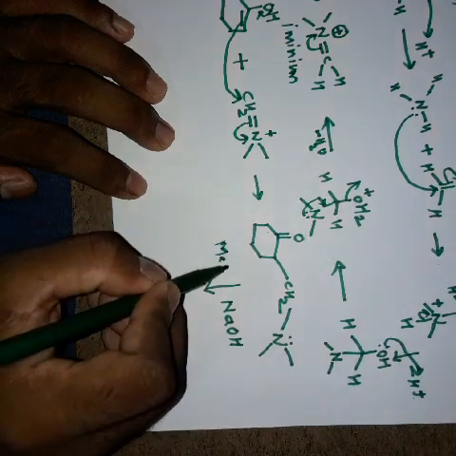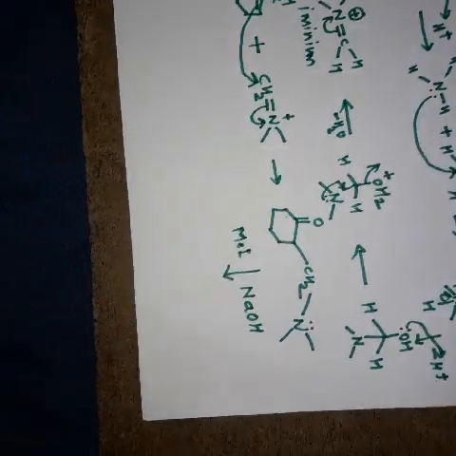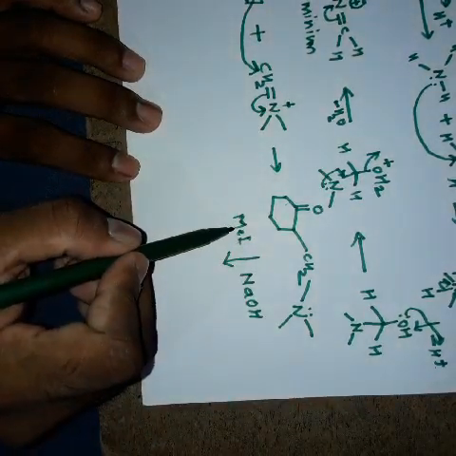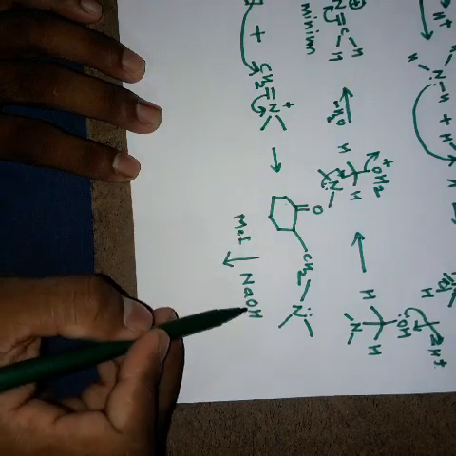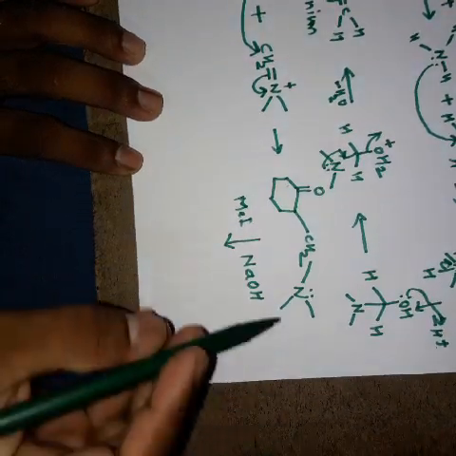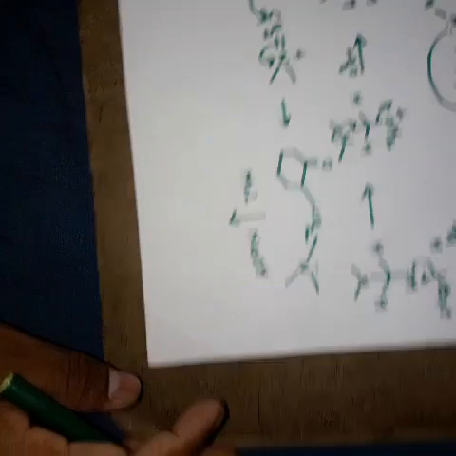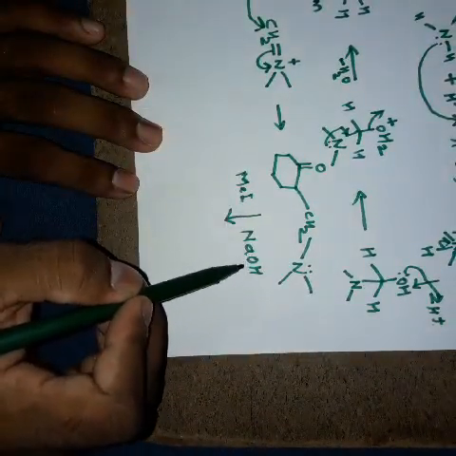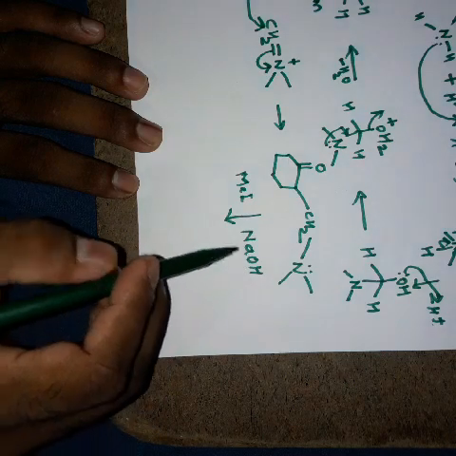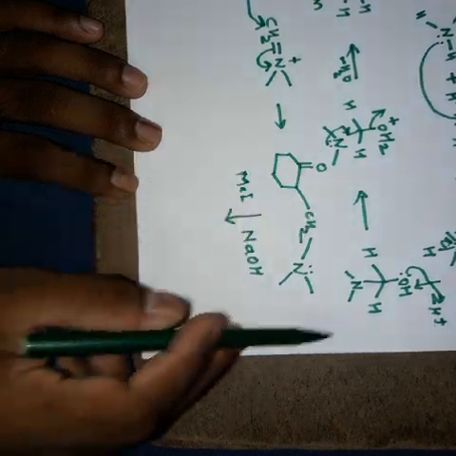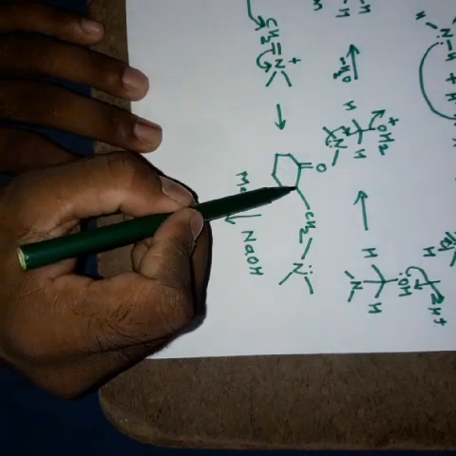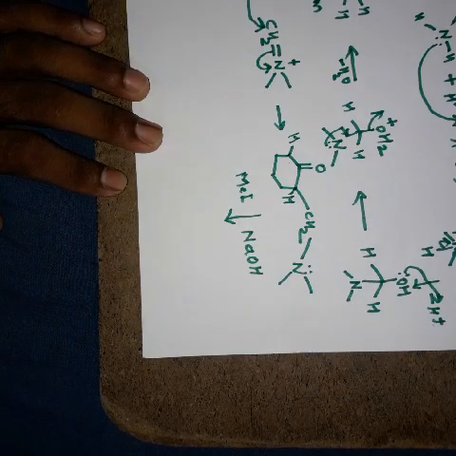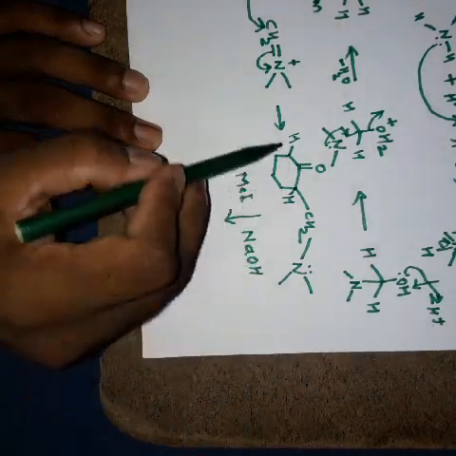NaOH and methyl iodide. Now we have two options, either the methyl iodide will react first or the NaOH will react first. Let us consider the probability. If NaOH reacts first, this is a base, so it will abstract the acidic hydrogen. In this system we have this hydrogen acidic and this hydrogen acidic, because they are next to the carbonyl group.